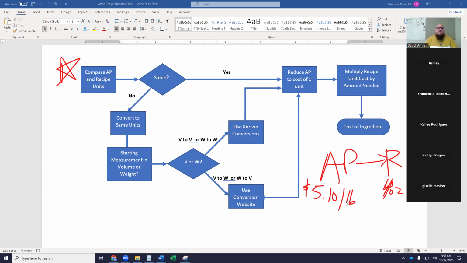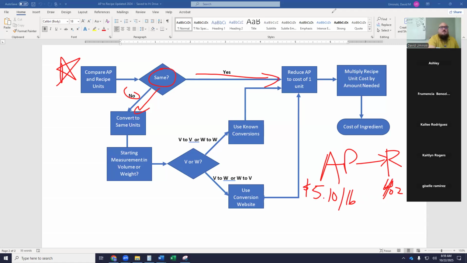Are they the same? If yes, then we reduce the cost to 1 recipe unit. If no, then we come over here and we're going to convert to the same units.